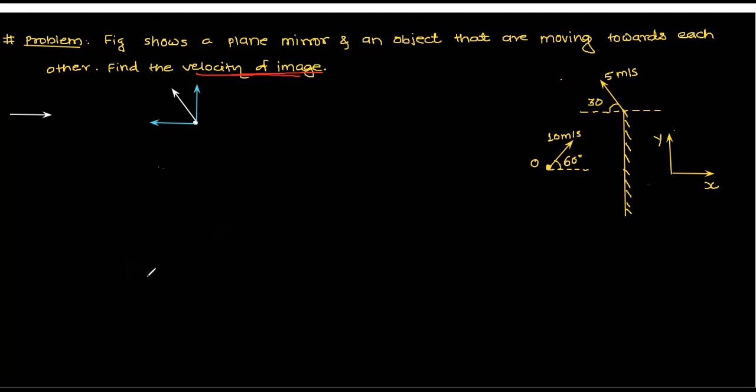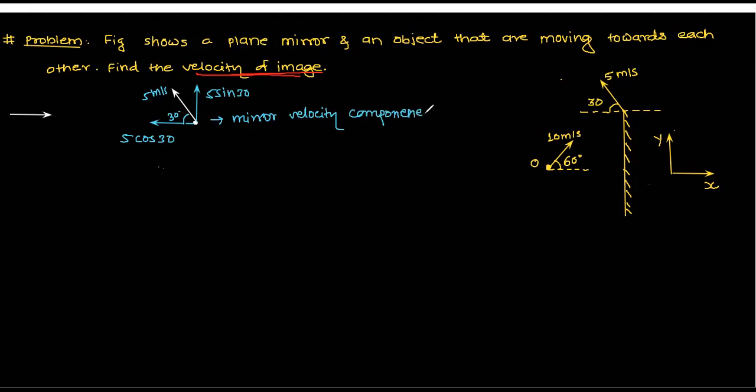This angle, we know how much this is. 30 degree. This angle is how much? 30 degree. And this one is given as 5 meter per second. So resolve this. This is what? 5 cos 30. This one is 5 sin 30. This is for what? Mirror velocity components.